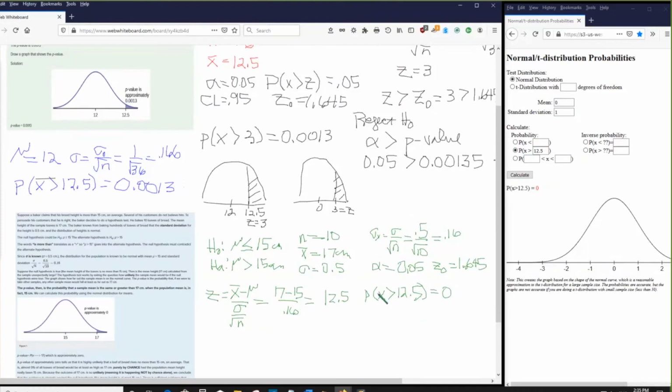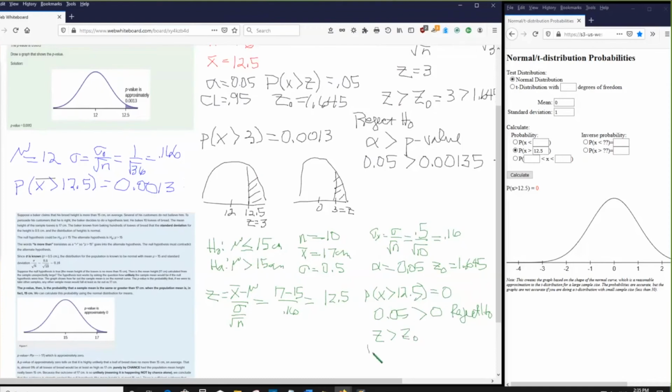So with alpha at 0.05, the p-value is less than alpha, which tells me to reject the null hypothesis, meaning the height of the loaves of bread is likely higher than 15 centimeters.